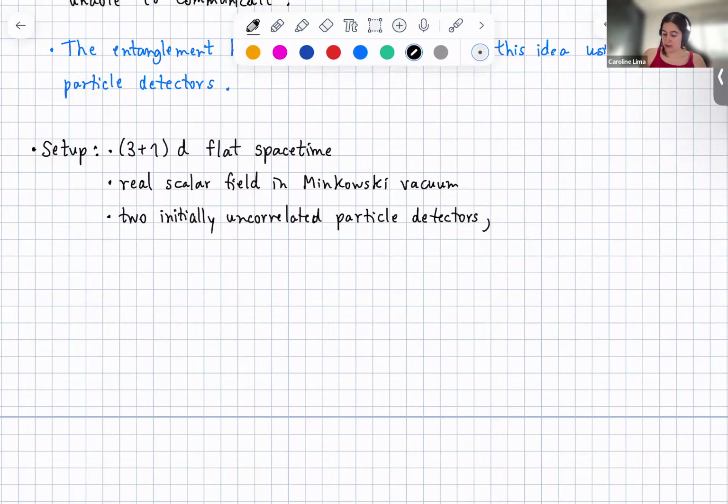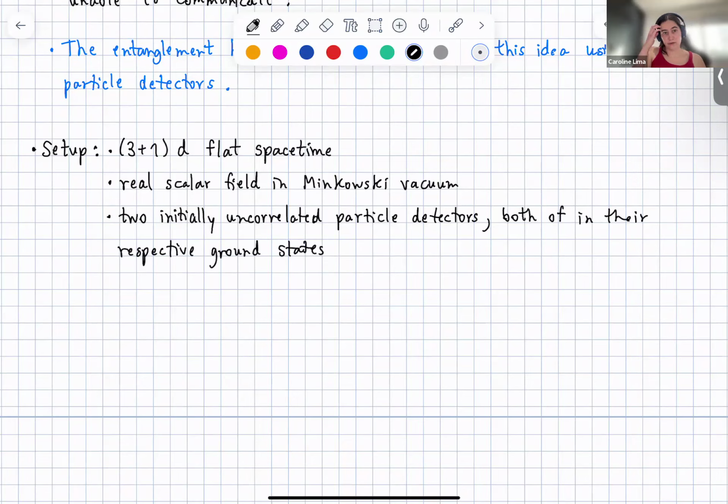And I'll choose both of them in their respective ground states. And on top of that, I'll say that they are inertial and co-moving to simplify a little bit the math. Okay?